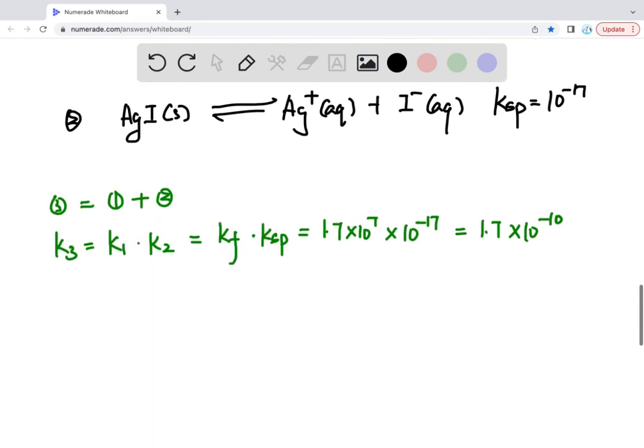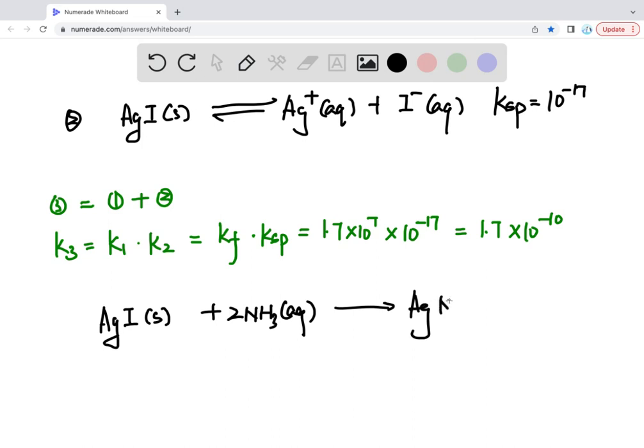Now let's just simply copy and paste the equation again. The silver iodide reacts with two ammonia and produces the silver ammonia 2 plus and iodide ions.